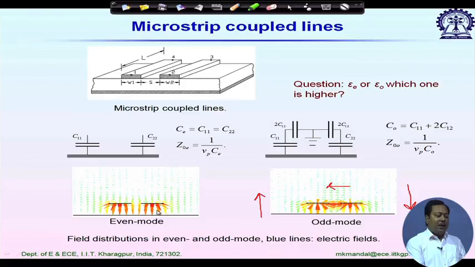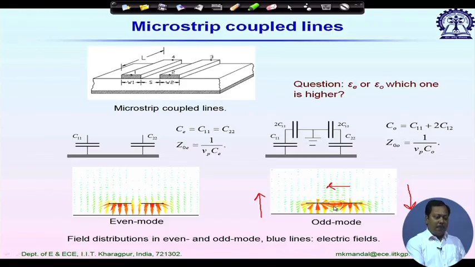So, the effective epsilon for the even mode configuration will be higher compared to that in odd mode excitation. Why? Because we have mostly the electromagnetic wave propagation through the dielectric, and on the right hand side, as the field plot shows, we have fringing fields also in air which we can't neglect. So, the conclusion is that epsilon E in even mode is much higher compared to epsilon O in odd mode.